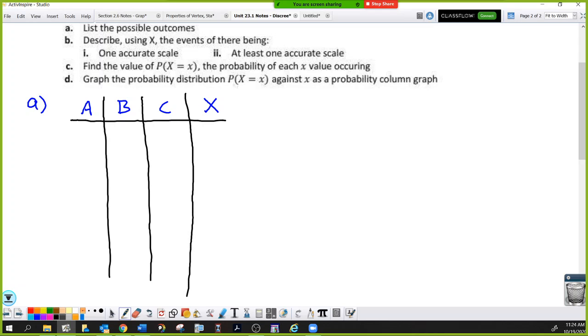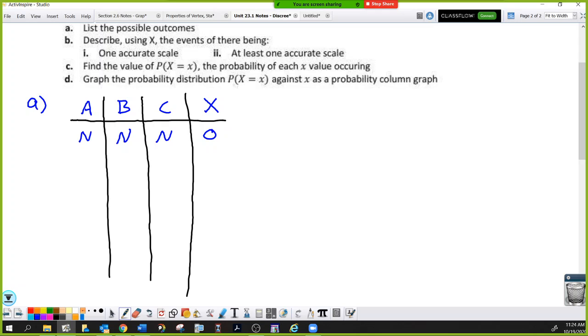Let's say it's a worst case scenario. All 3 record a no. That is the only way that X equals 0. Why does X equal 0? X stands for the number of accurate scales. It says, suppose the random variable capital X is the number of accurate scales.